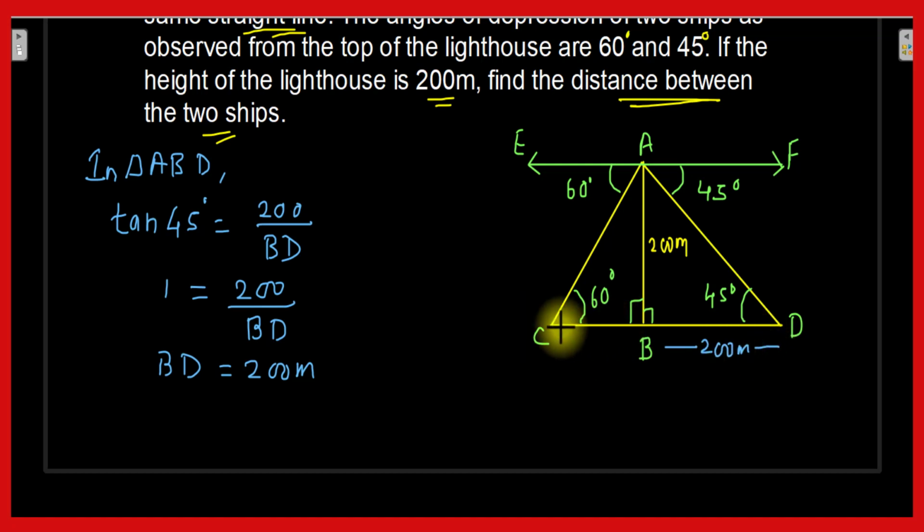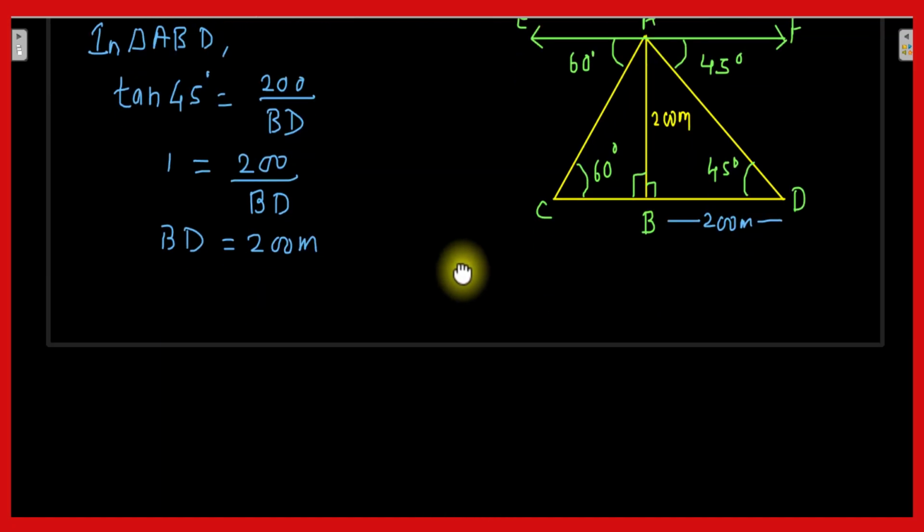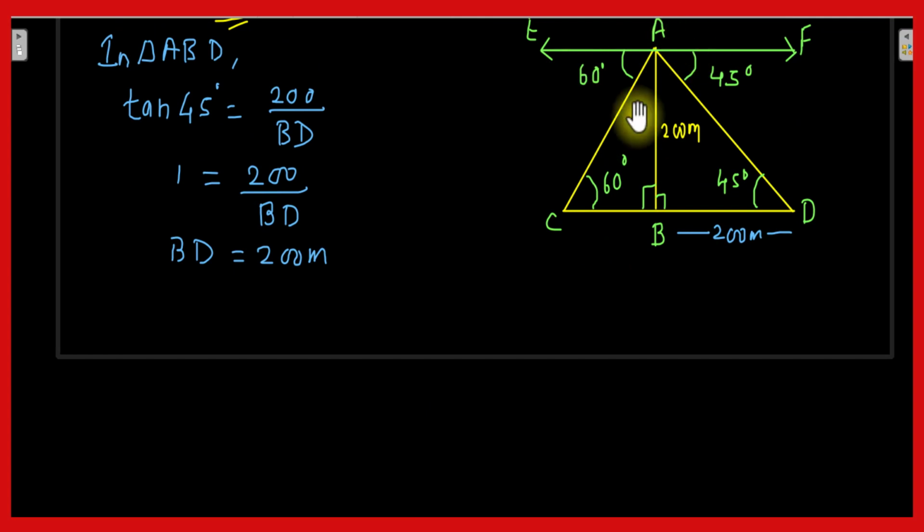Now we will find the distance CB by using the triangle ABC. So let us take the other triangle, that is triangle ACB. In triangle ACB, tan 60 is equal to opposite side upon adjacent side.